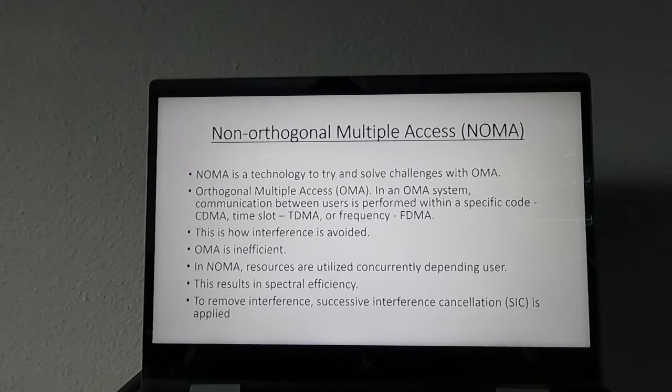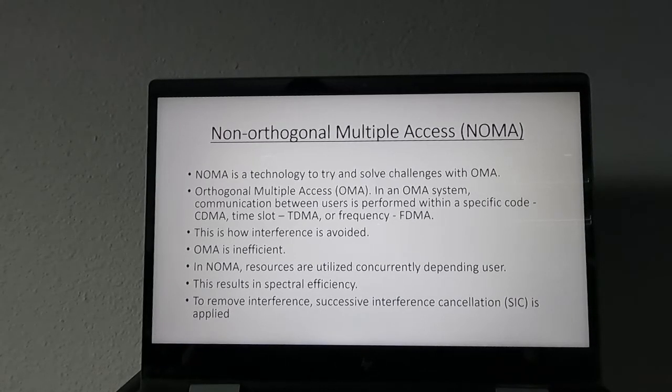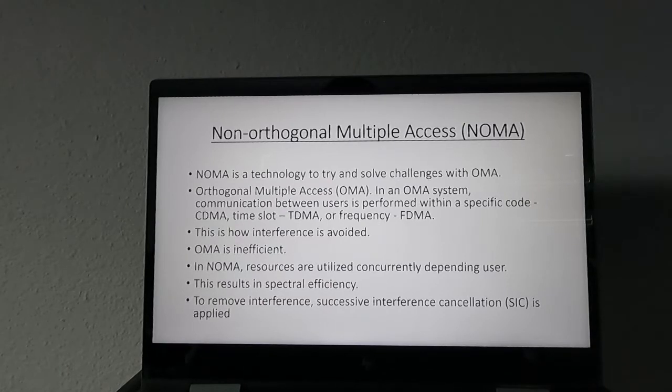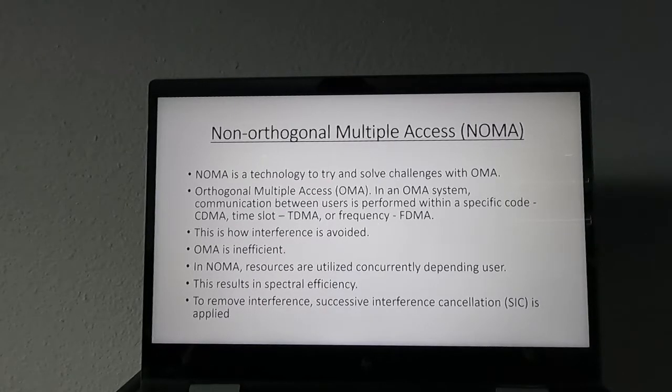Now, another technology to try and solve the limitations of the previous technologies, FDMA, CDMA, TDMA, that we saw before, which are orthogonal multiple access technologies, is non-orthogonal multiple access, NOMA.